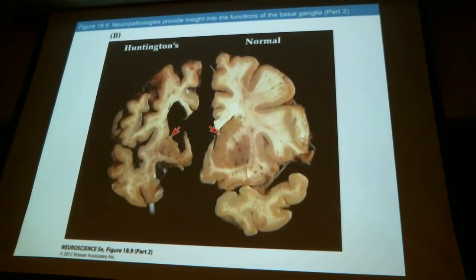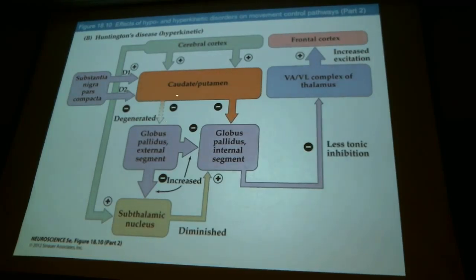So that's a particularly devastating part. Okay, so the effect on the basal ganglia circuit is that there's selective loss of the indirect pathway. You still have a direct pathway, but the indirect pathway is degenerated here. This is the inhibition from the striatum to the external segment. And that means that the external segment is in a more excited state, which then has a suppressive effect on the internal segment.